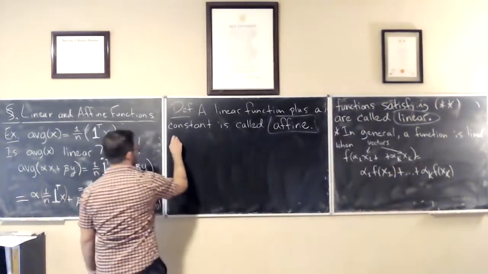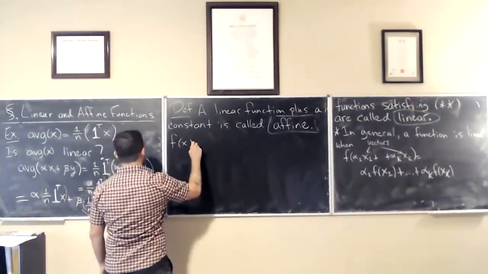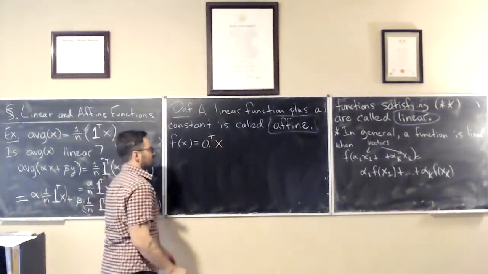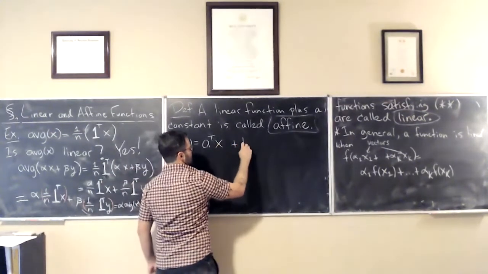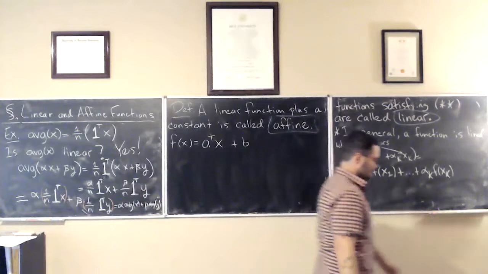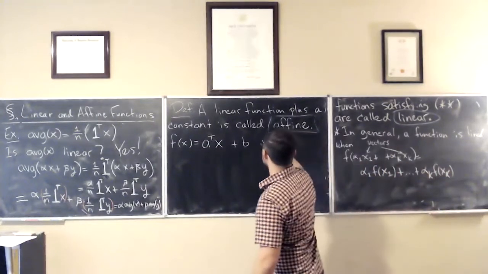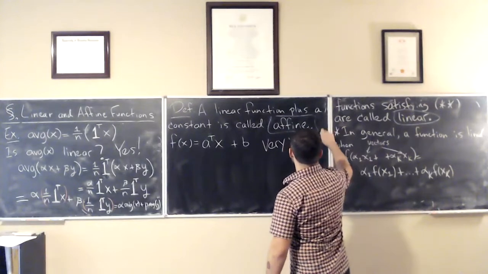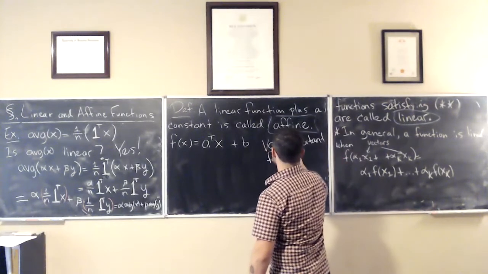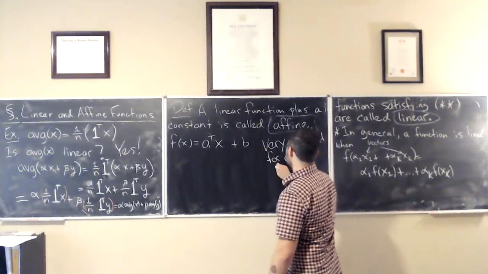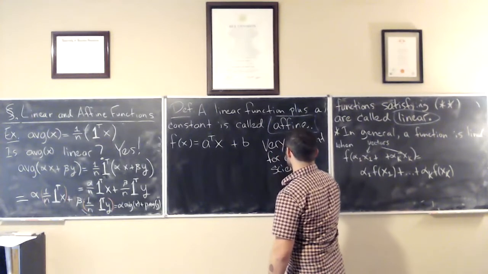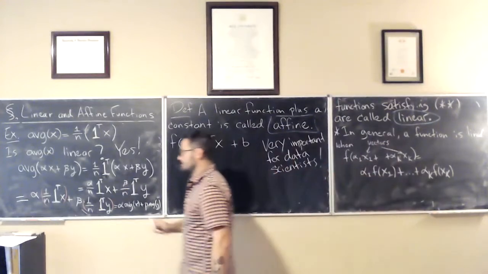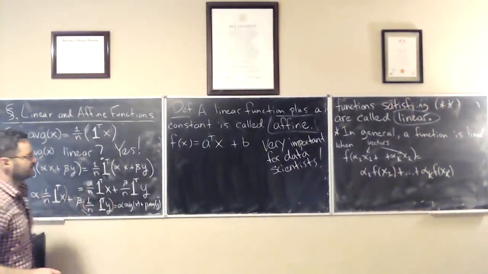So they look like this. A times x, these are vectors. This is going to be a scalar, and then we add a scalar to it. That thing right there. Very important for data scientists. This thing occurs all over the place.